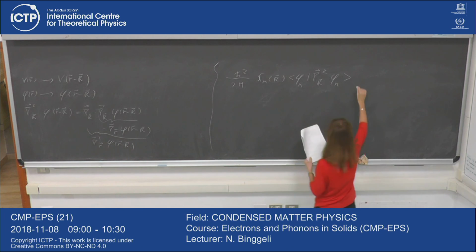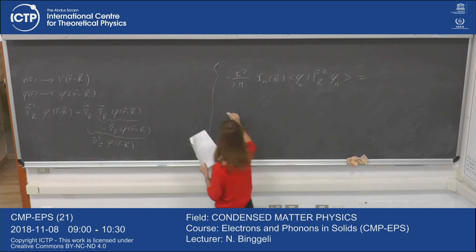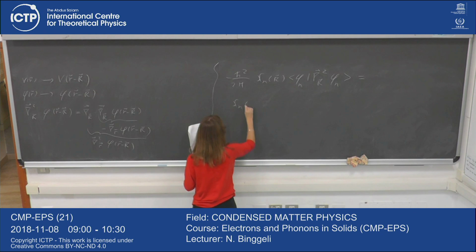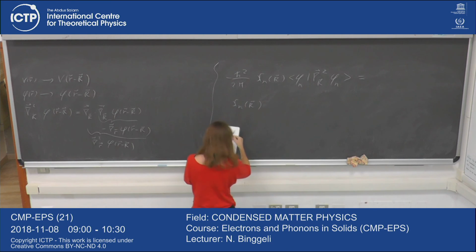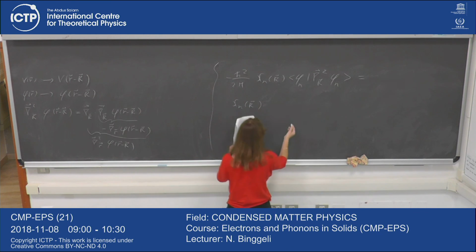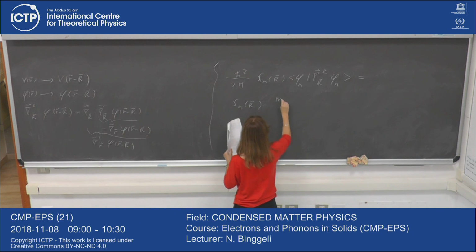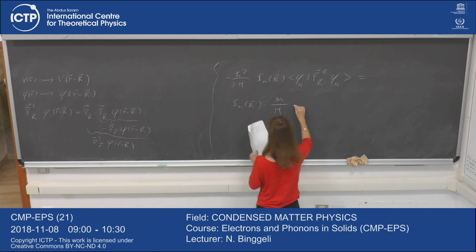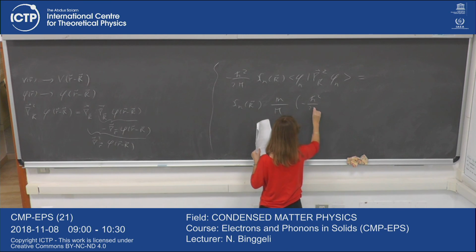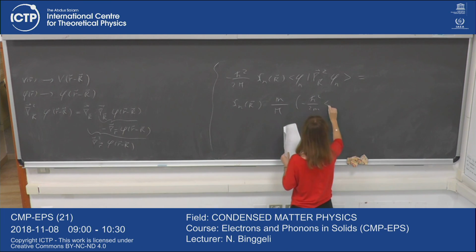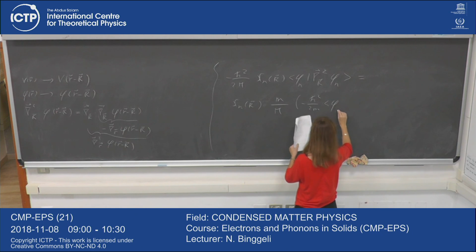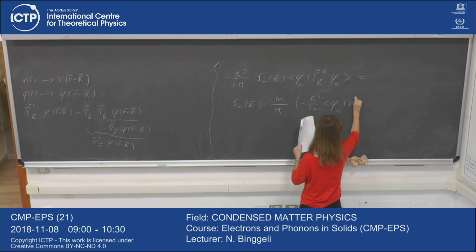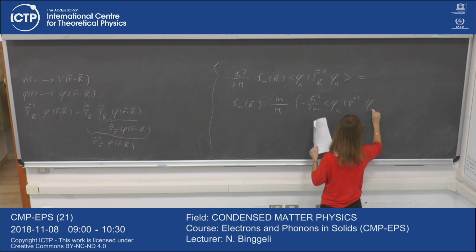This is equal to Cn of R times, and here I'm going to write the ratio of the masses, and then minus h bar squared over 2m, phi n, gradient squared, phi n.